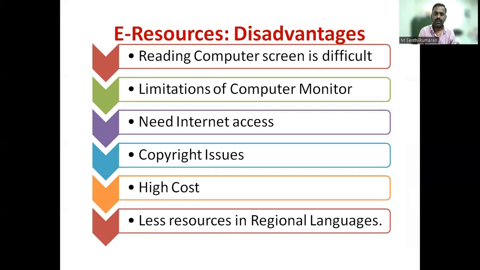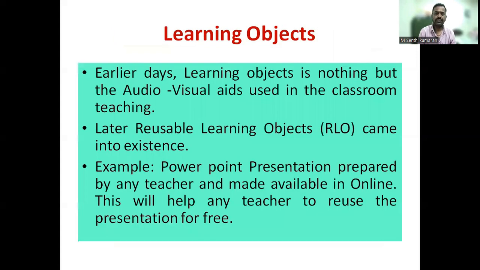To read a long line, we have to drag from left to right and from top to bottom. Also, we need internet access to refer to e-resources. There might be many copyright issues while using e-resources, and the cost of e-resources is very high. The last disadvantage is that e-resources are very few in regional languages.